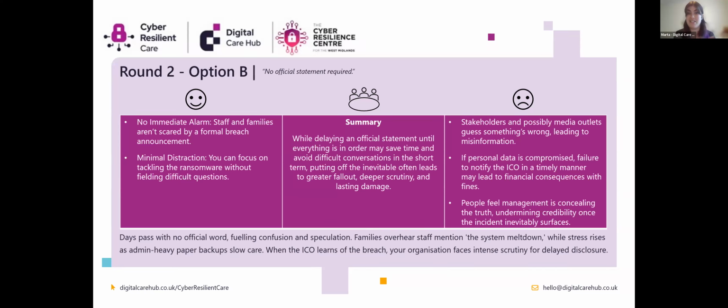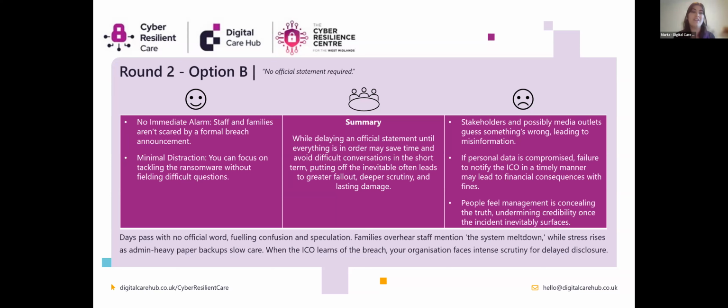People feel management is concealing the truth, undermining credibility, and once the incident inevitably surfaces, apologies. So this might seem like a good way to continue as if nothing's happened. But in reality, communication is so important and transparency is so important for a business.